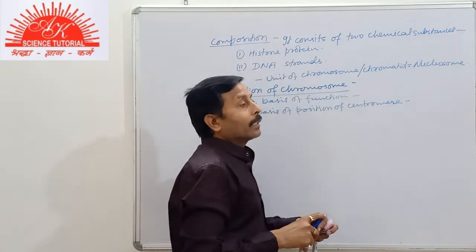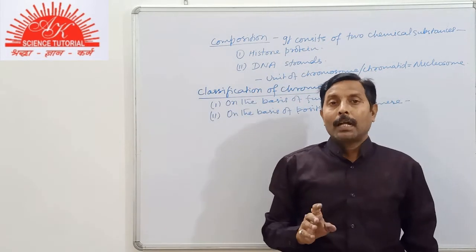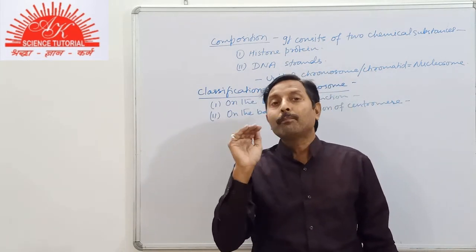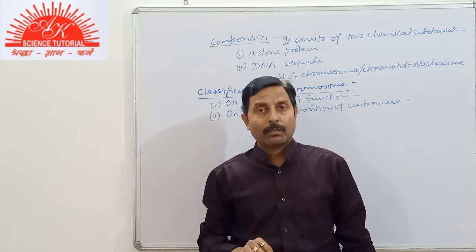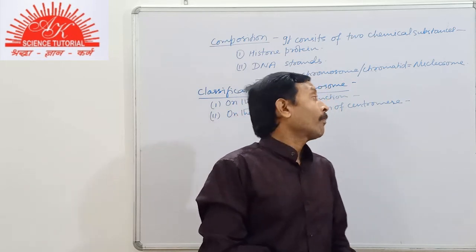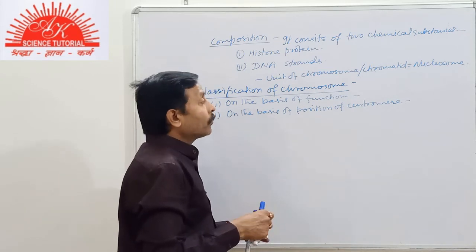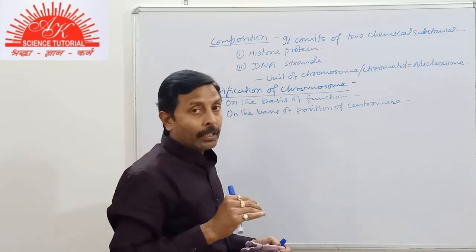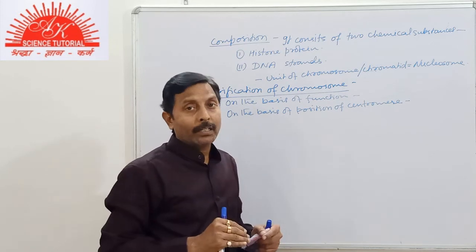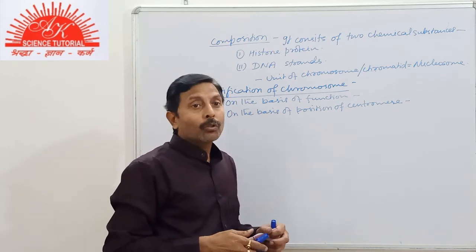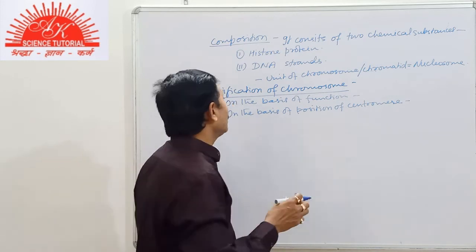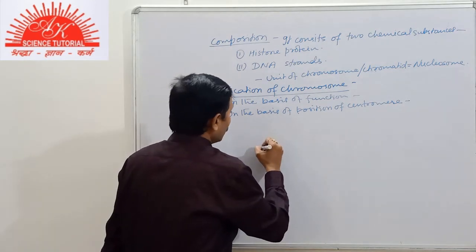Now you see that the centromeres are not present at the same position in all the chromosomes. The centromere may be exactly in the middle, or slightly away from the center, or near the end. So on that basis we classify the chromosomes.